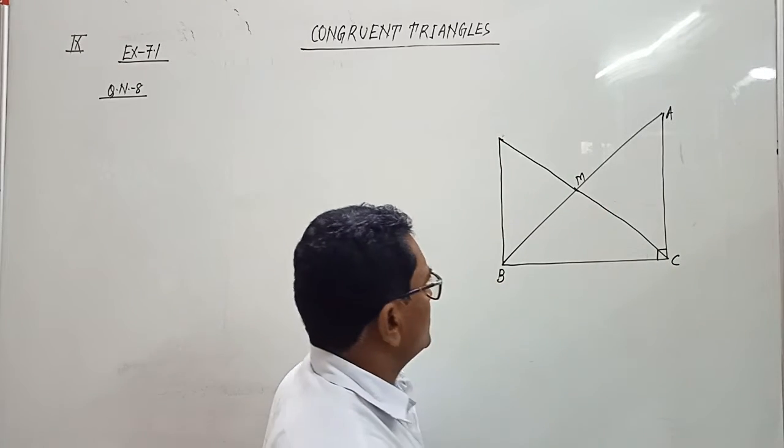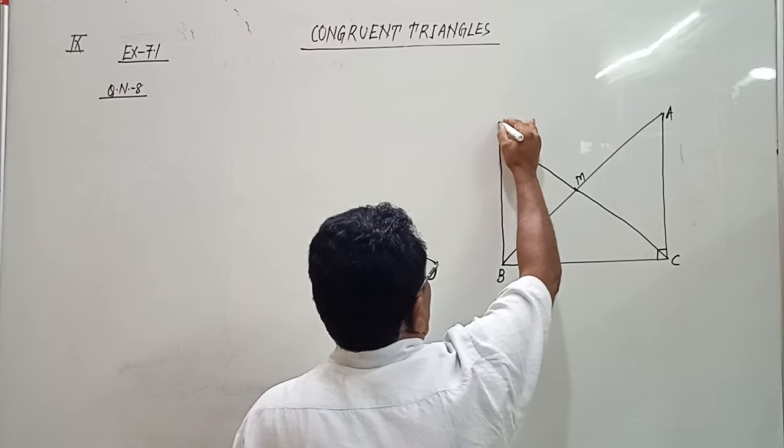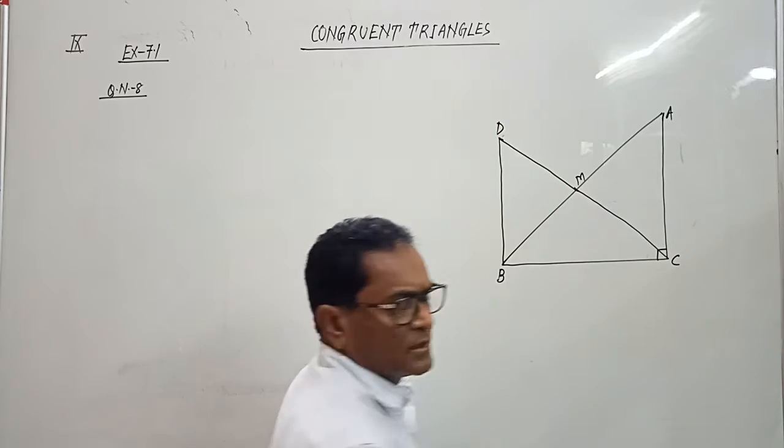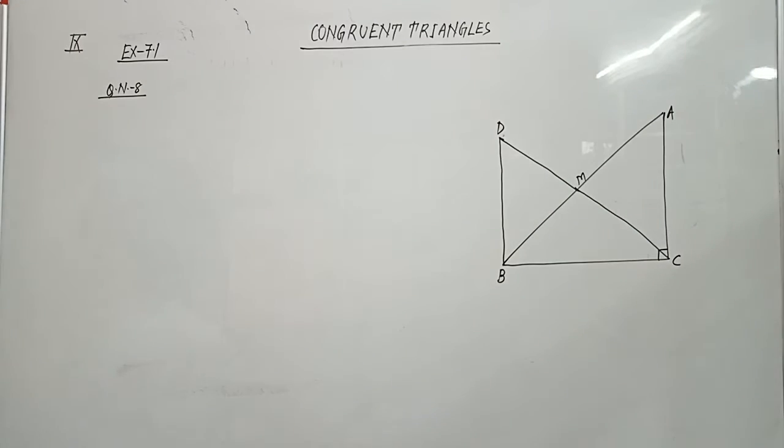Point M is joined to C and produced to point D such that DM equals CM.